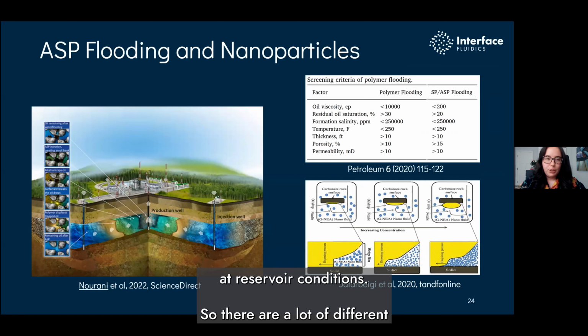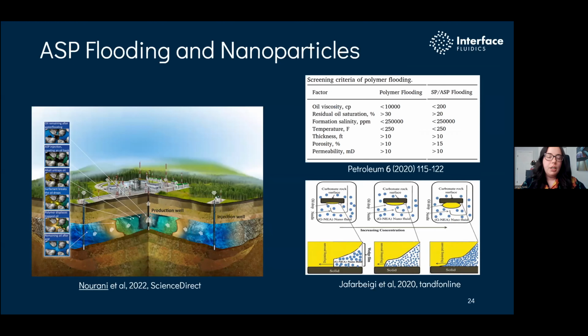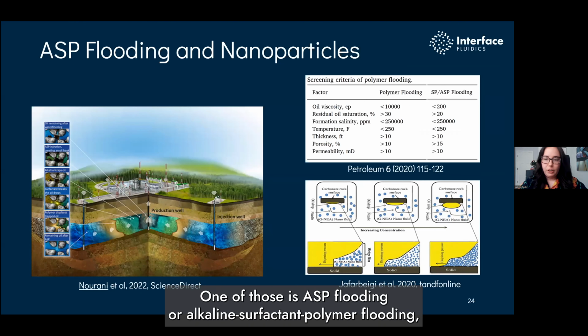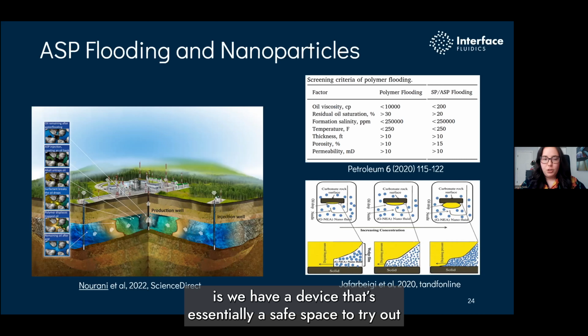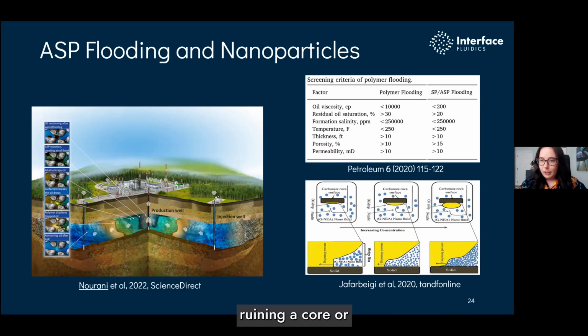So there's a lot of different applications of EOR that we haven't touched on today in this webinar. One of those is ASP flooding, or alkaline surfactant polymer flooding, as well as nanoparticle applications. The beauty of Interface's microfluidics platform is that we have a device that is essentially a safe space to try out many different applications without fear of ruining a core or wasting all of that time on a core flood.